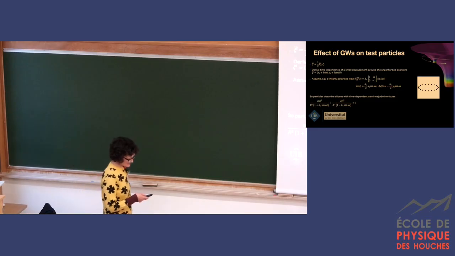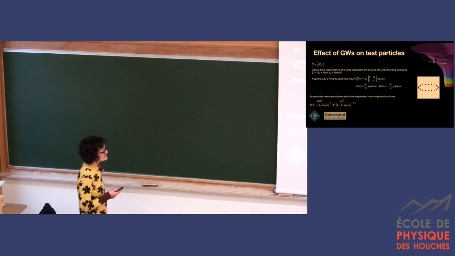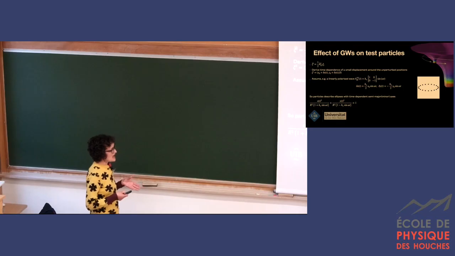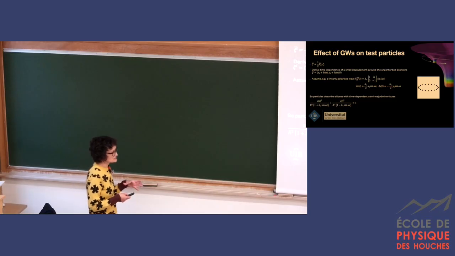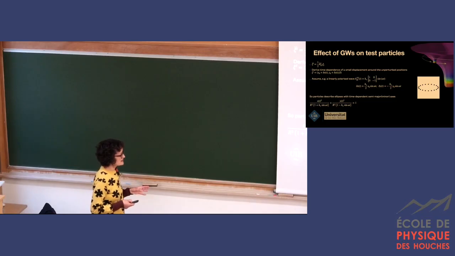And the classic standard example for this is that you apply this equation and you place a ring of test particles in, say, your XY plane, and you study how these particles are moved. So you can suppose that initially they are forming a circle, for instance, and then you want to study how the circle moves when a gravitational wave arrives.